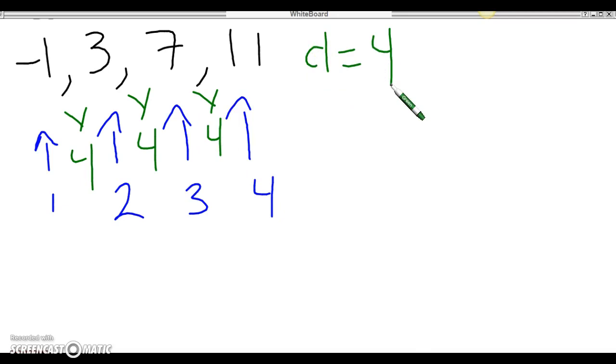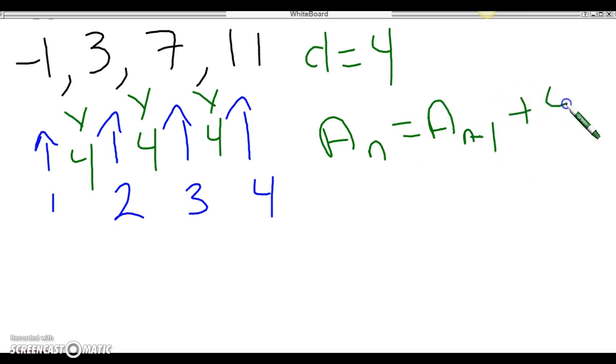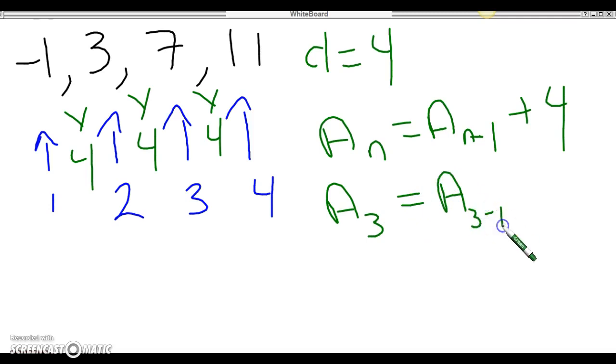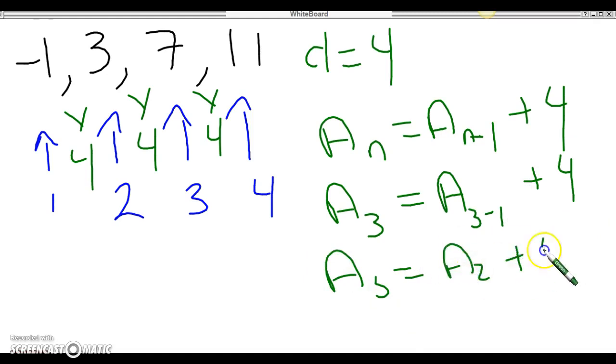So if I put it in recursive form, if you remember the formula, it's going to be a sub n equals a sub n minus 1 plus 4. And this is just a review of a previous lesson. If I want to find, let's say, my third term, I need to do a sub 3 equals a sub 2 plus 4.